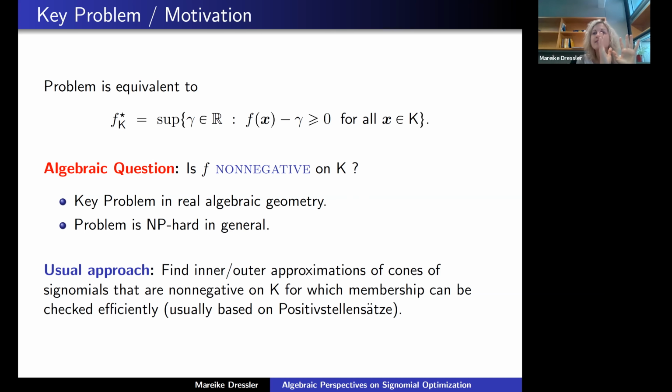Since this question is intractable, one searches for either outer or inner approximations of this cone, where one can test membership more easily. These cones are described by so-called Positivstellensätze, and we can check membership in these approximative cones more easily.